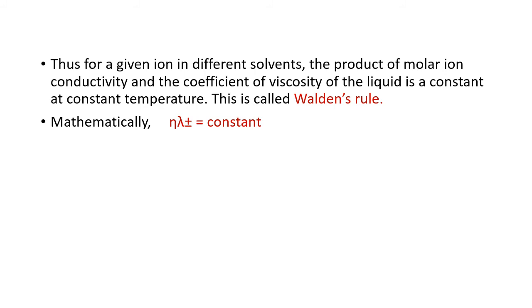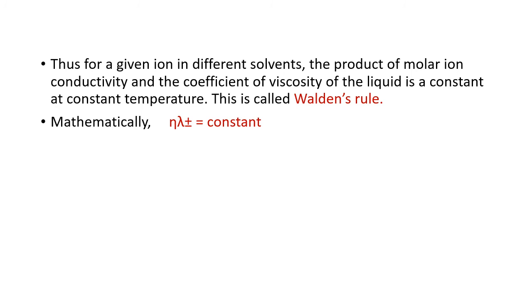For a given ion, the values of r and Z are constant, so you can write this expression as lambda plus or minus into eta is a constant, and this is known as Walden's rule.